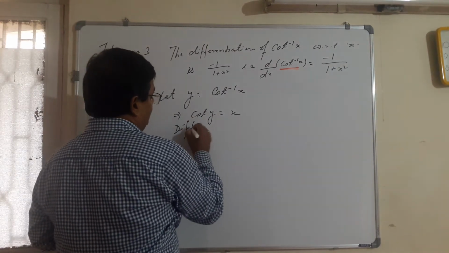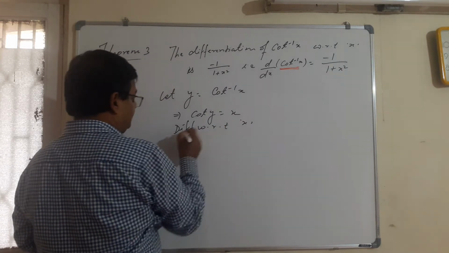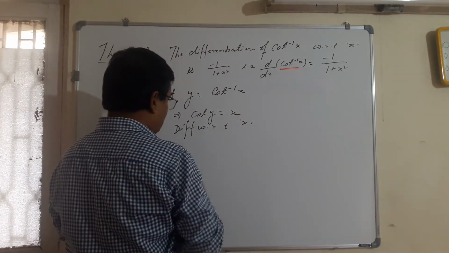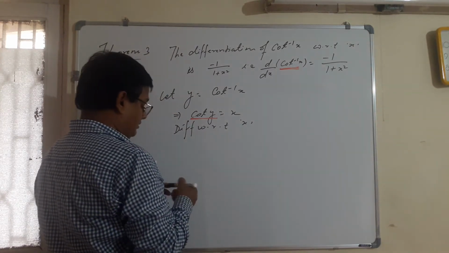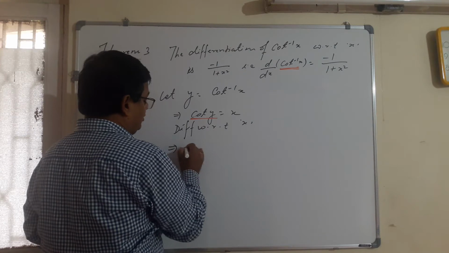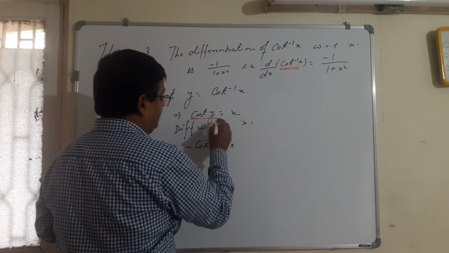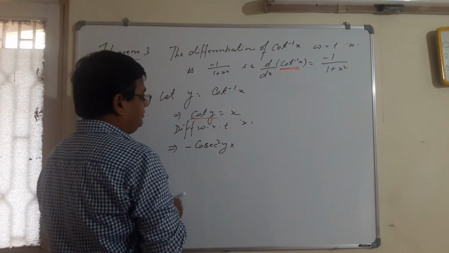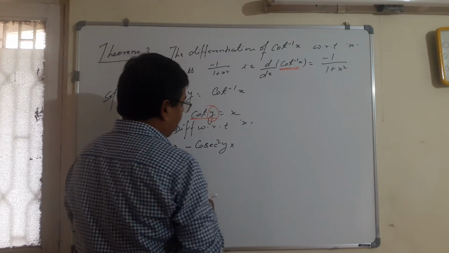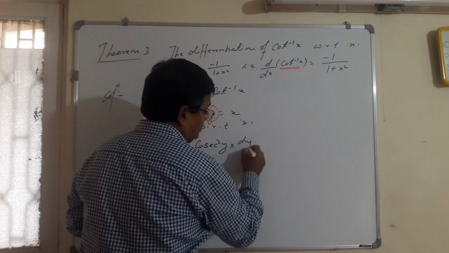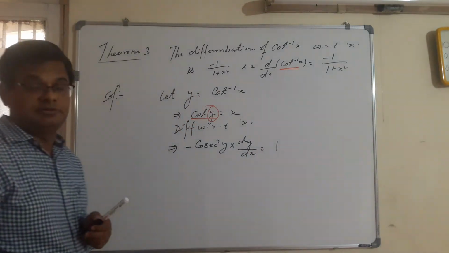Differentiating with respect to x. So here first you have to differentiate cot y. First differentiation of cot y is minus cosec square y, and then after differentiation of y is dy by dx, and differentiation of x is 1.